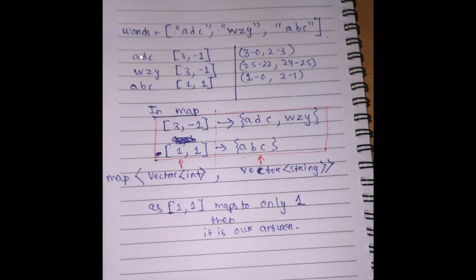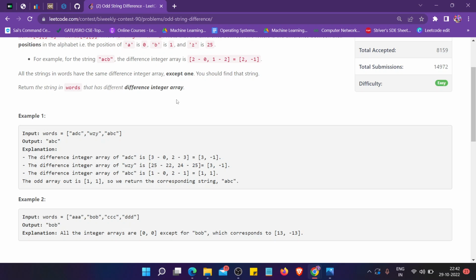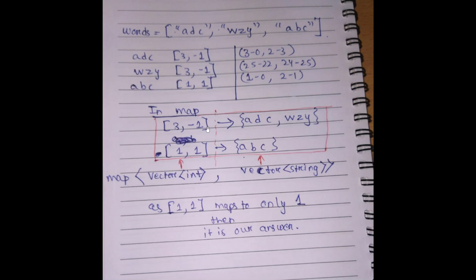So how do we find this abc, the unique or different string? What we do is we use a map for it. We map each integer vector to all the strings with the same integer vector. So 3, minus 1 will have adc and wzy, because both of them have 3, minus 1.